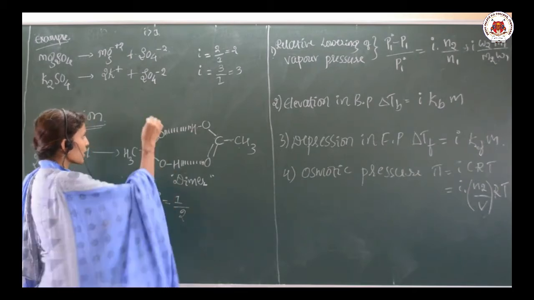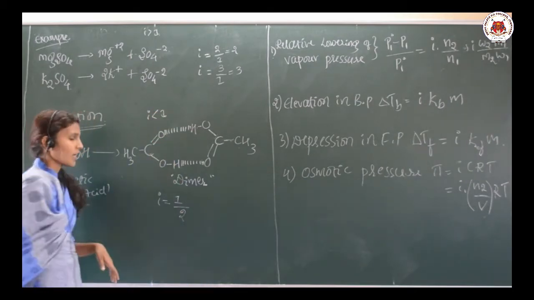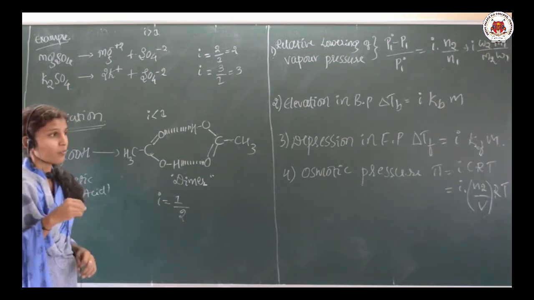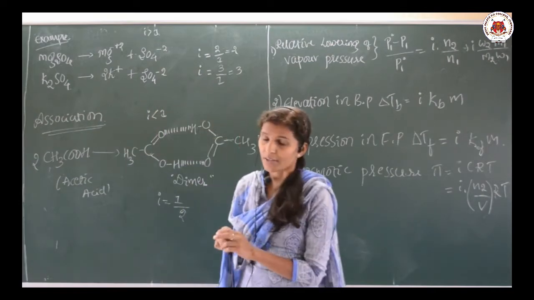So, i is here lesser than 1. This is how we can give the example for association and dissociation.